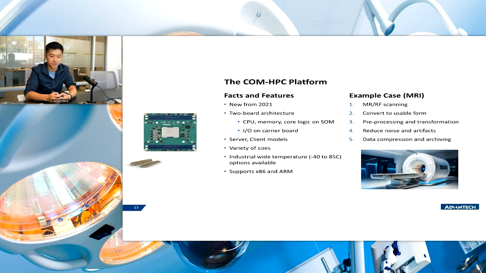In some cases, you might apply machine learning to reduce noise or detect artifacts. So in this example, you want to be on the cutting edge and you want to stay there. COM-HPC can be applied. It'll give you the power and the I/O flexibility that you need. Okay.